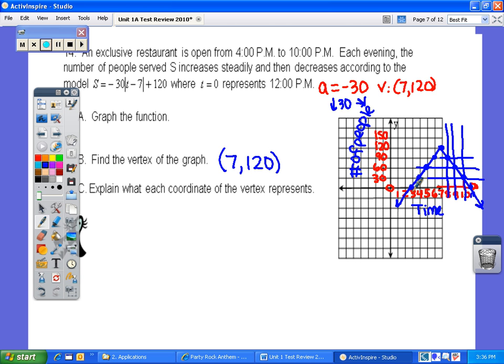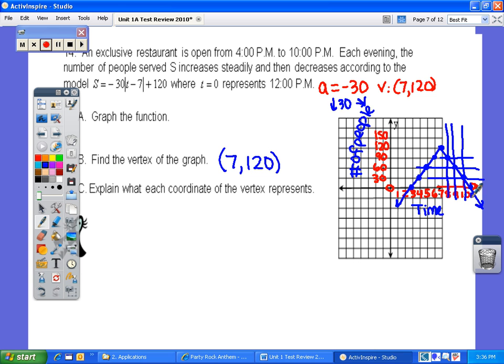So at 3 o'clock there's really nobody there, but at 4 o'clock there's 30 people, at 5 o'clock there's 60 people, at 6 o'clock there's 90, and then at 7 o'clock there's 120 people. And then at 8 o'clock it goes back to 90, 9 o'clock's at 60, 10 o'clock is at 30, and then at 11 o'clock when they are closed for the evening they have nobody there. Because remember, the restaurant is only open from 4 to 10.